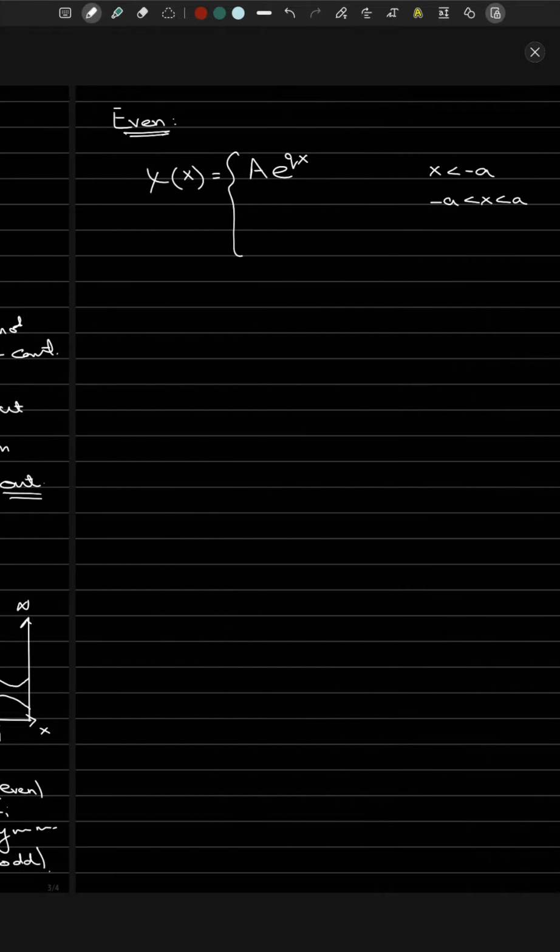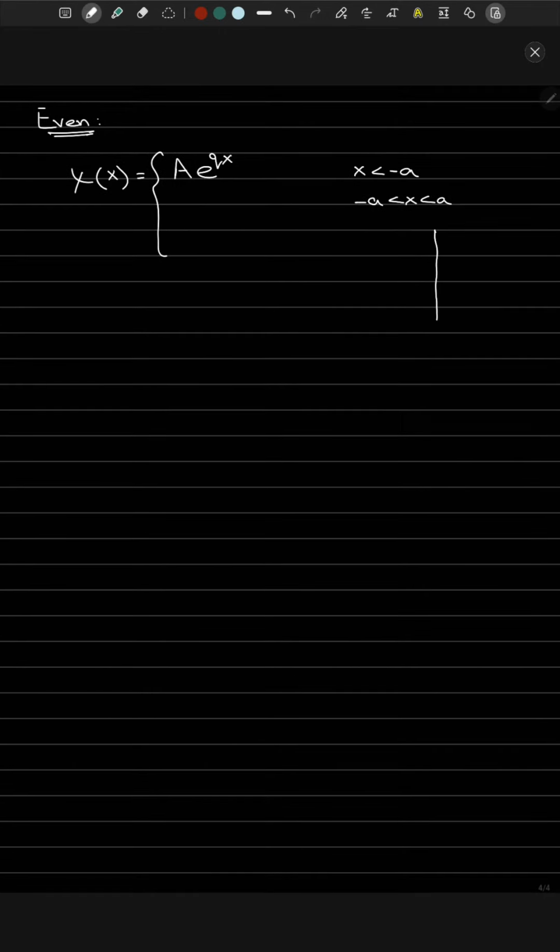If you look at the graphs for sine and cosine, the sine function is something like this, and the cosine function is something like this.